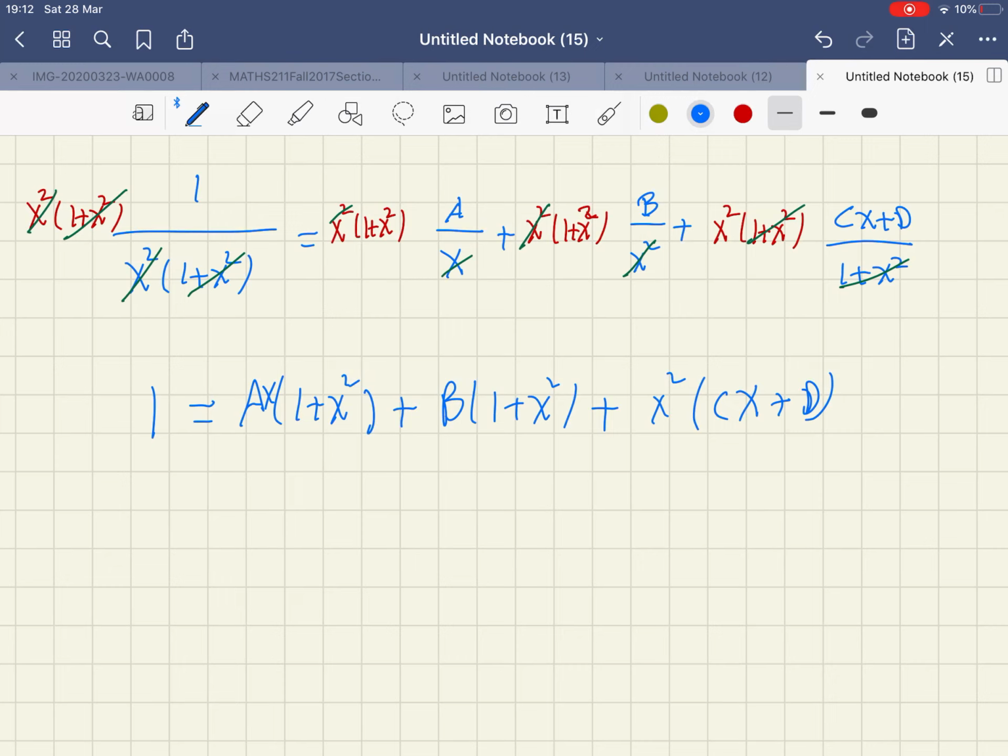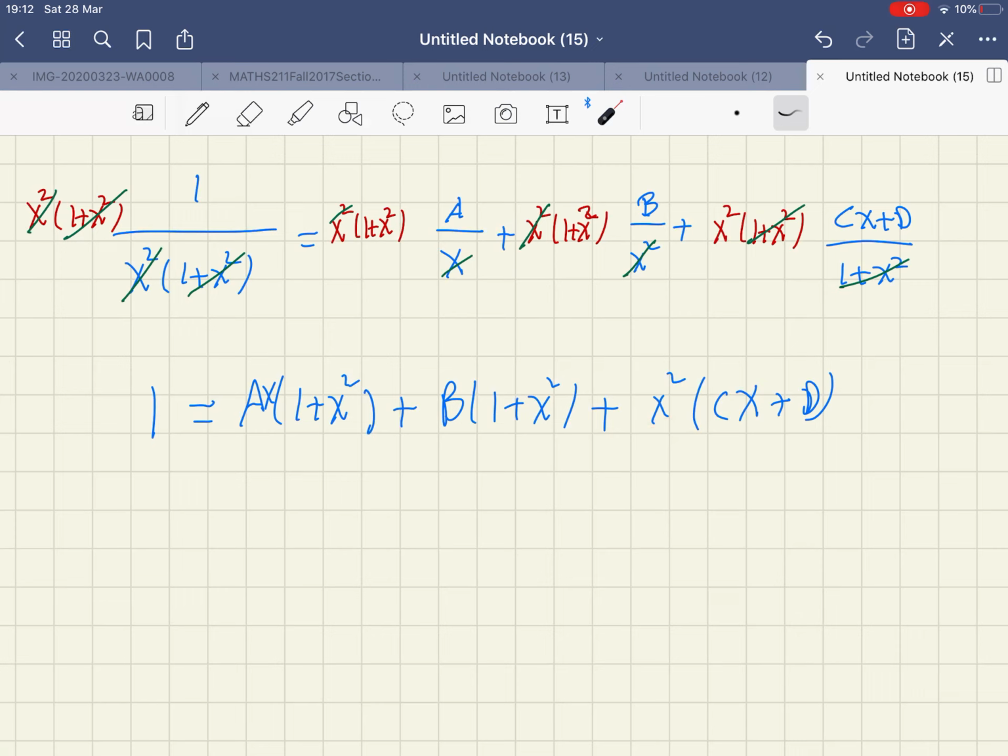Now you need to find for me 4 numbers for x, because I have 4 constants. I need 4 numbers. So let's choose good values for x if we can. Remember what we did last time? We said we look at the value which will make this one equal to 0. But we said it will never be 0. You can try it on your calculator and you will never find something that makes it 0. How about this one or this one?